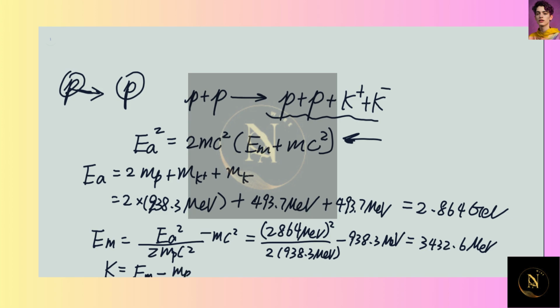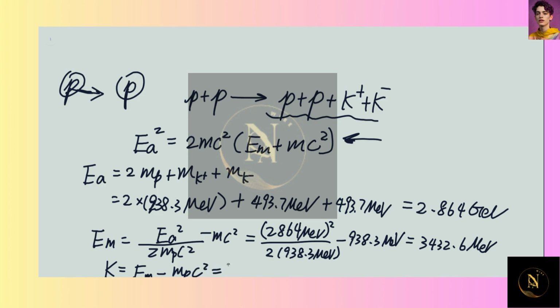But remember that this total energy of the proton also includes the rest energy. So we have to subtract the rest mass energy so that we only have the kinetic energy left. So the kinetic energy is the total energy of the proton minus the rest mass energy, m_p c squared.